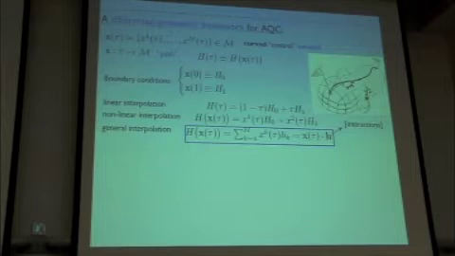In adiabatic quantum computing, we have a boundary condition. We start from a given initial Hamiltonian and end up with a given final Hamiltonian, the one whose ground state represents the answer we wish to find. Here are some examples of such paths or interpolations. This is the simplest one, a one-dimensional interpolation.